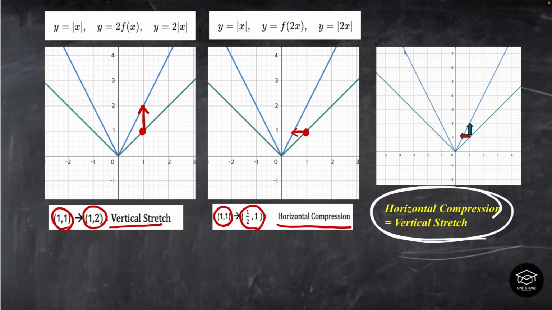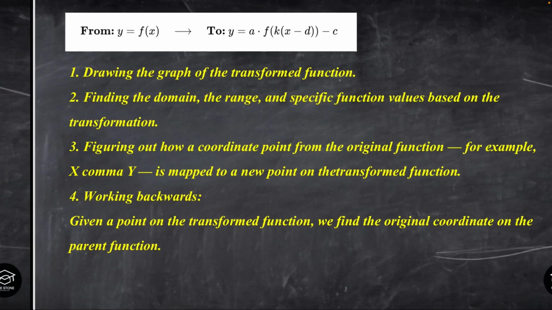That is exactly why we study vertical stretches and compressions and horizontal stretches and compressions. These transformations help us understand how changing the domain or the range of a function affects the entire model in real-world applications. Let's try to understand this more precisely using an equation.